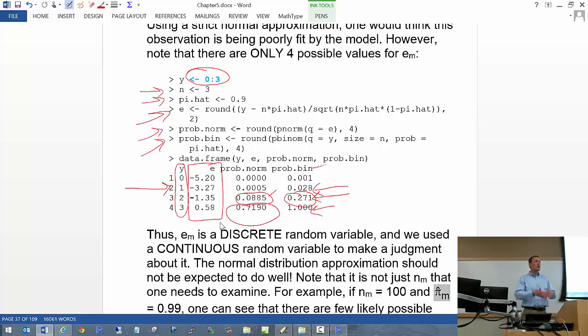So when will the normal approximation work? Well, if you have pi hats that are kind of in the middle and a relatively large n. Well, what's large n? A statistician never wants to tell you when you're for sure exactly safe.